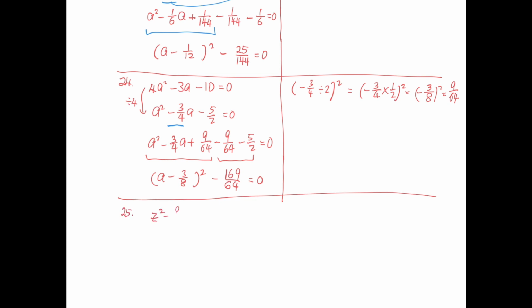z squared minus 8z minus 65 equal to 0. Okay, so z squared minus 8z. Remember the second term is where we have to divide by 2 and square. So minus 8 divided by 2 is minus 4, and you square, and you get 16. So that's why you have to add 16, then you minus 16.